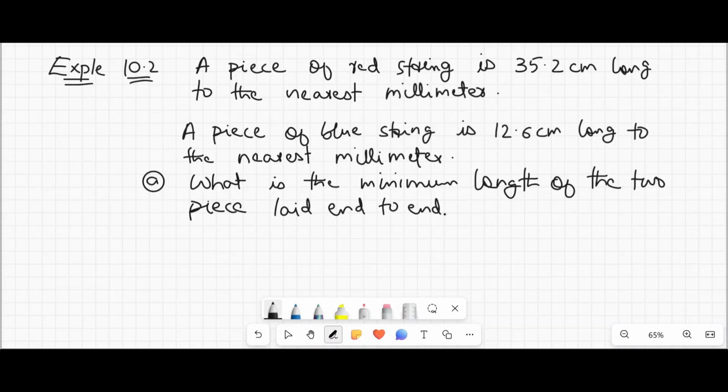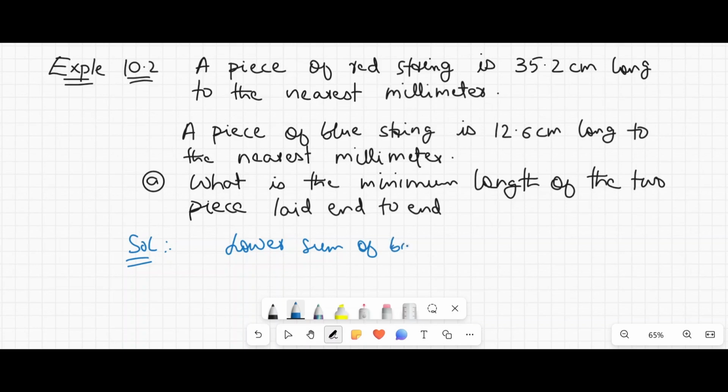Now we have to find the minimum length of the two pieces laid end to end. So when it says end to end, it is like saying find the lower sum of both.